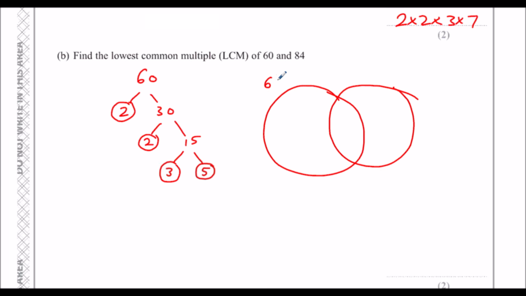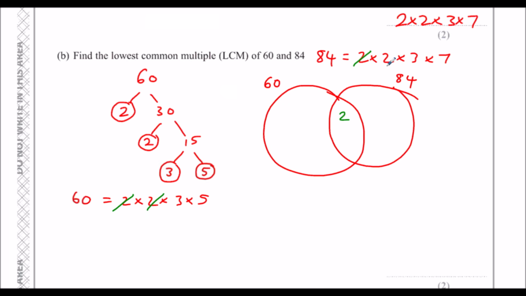I've got a 60 circle and an 84 circle. 84 is 2 times 2 times 3 times 7. And 60 is 2 times 2 times 3 times 5. So in both of them, I've got a 2, and another 2, and a 3. And then in 60, I've got a 5. And in 84, I've got a 7.